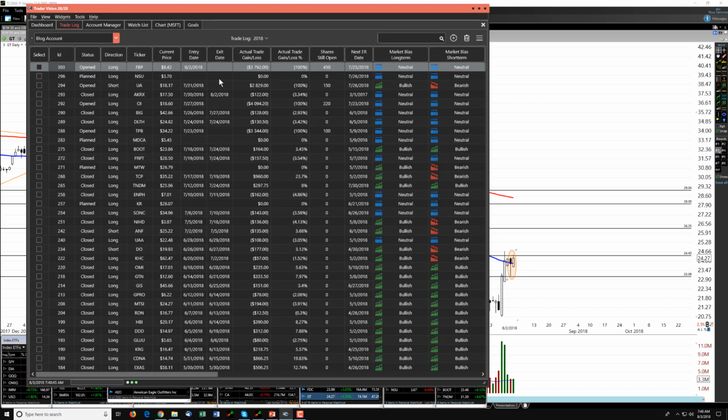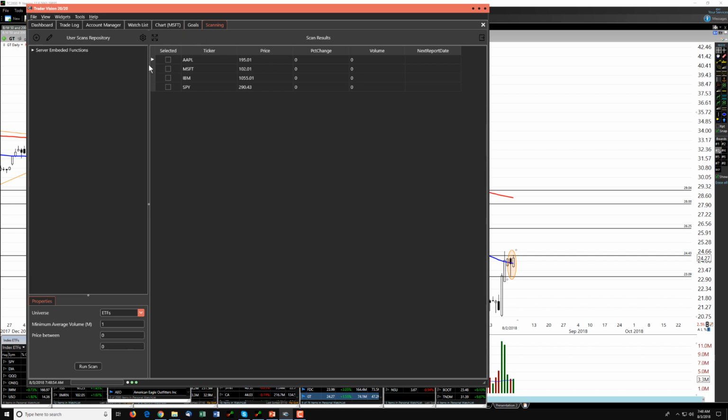So let's go to Trader Vision. It takes a little setup because this is not released yet, but bear with me. I think you'll enjoy it. This is the new scanning tool. It comes up without the chart. This will be changed when we do release it.